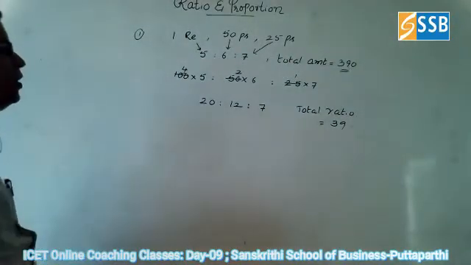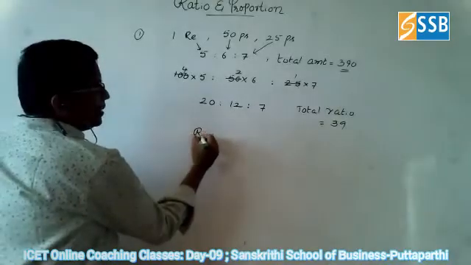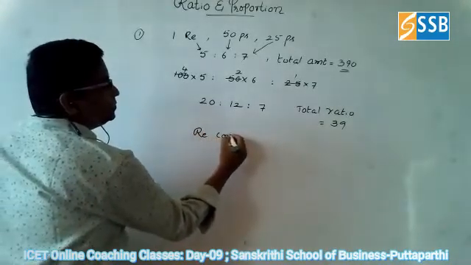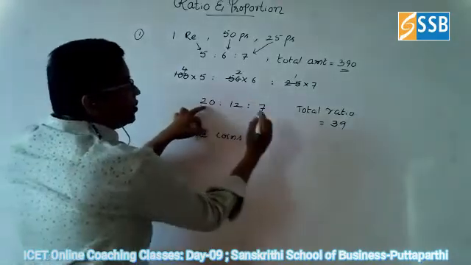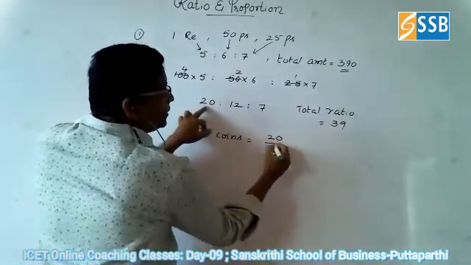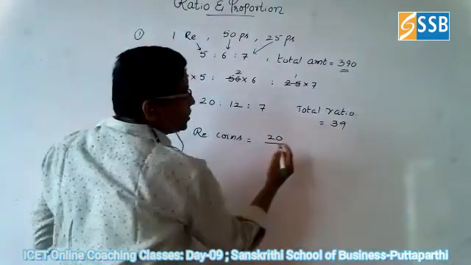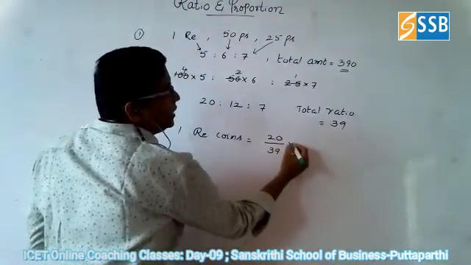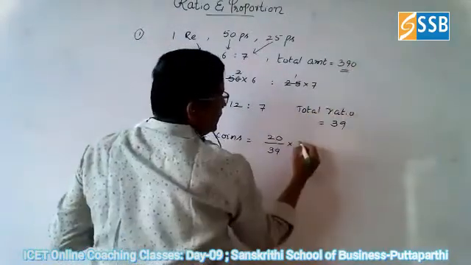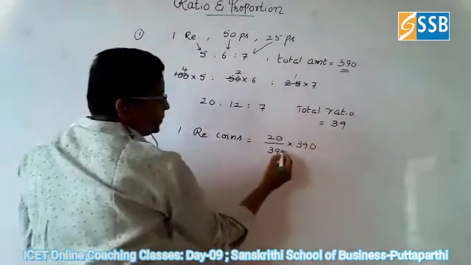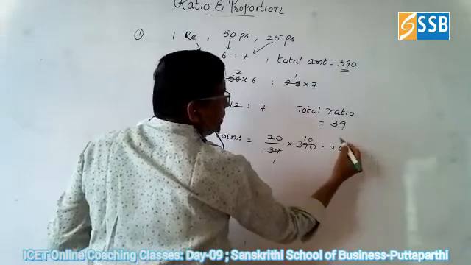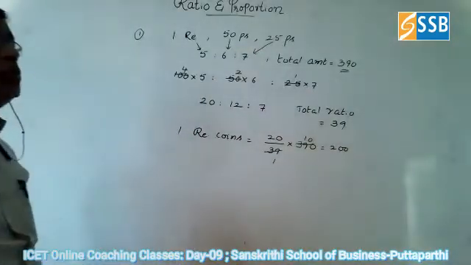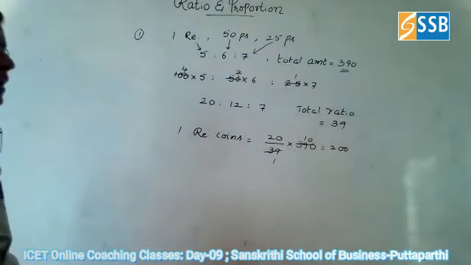Now, 1 rupee coins is equal to, what is the part of the 1 rupee coin? 20 divided by the total ratio 39, into the total amount 390. 39 ones are 39, 39 tens are 390, so 20 tens are 200 rupees. 200 coins are there, 1 rupee coins.